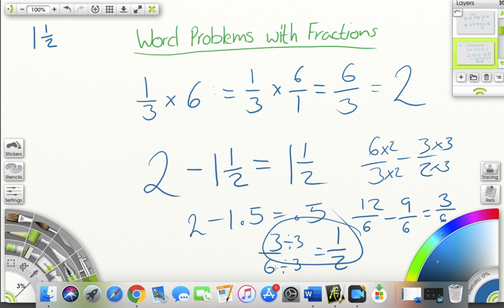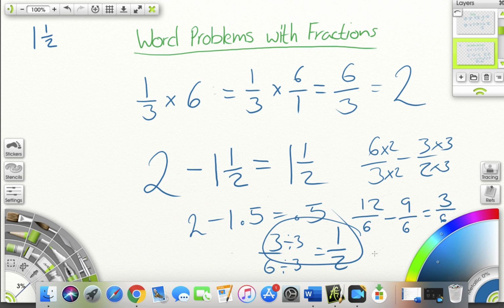Usually try 2 ways. If you try putting them into mixed form and it doesn't seem right, try improper form, and vice versa if your answers just seem a little bit off. So in this case, by putting them into improper form, it gave me the right answer. And that's that. So that's word problems with fractions.